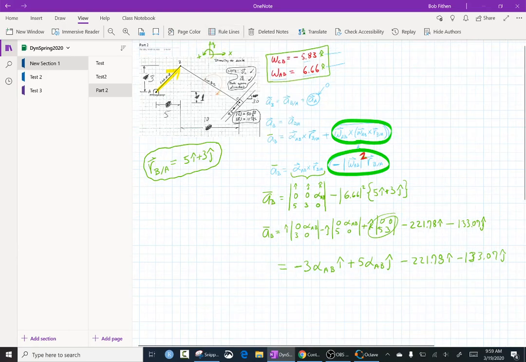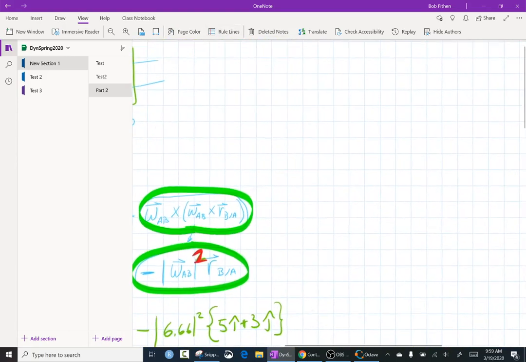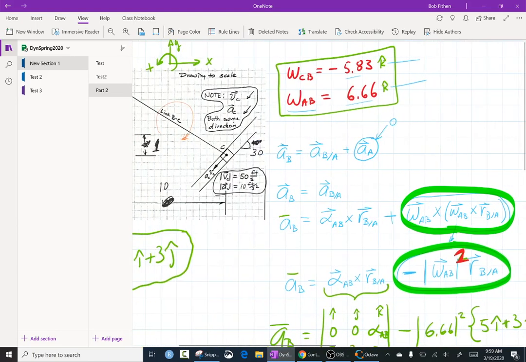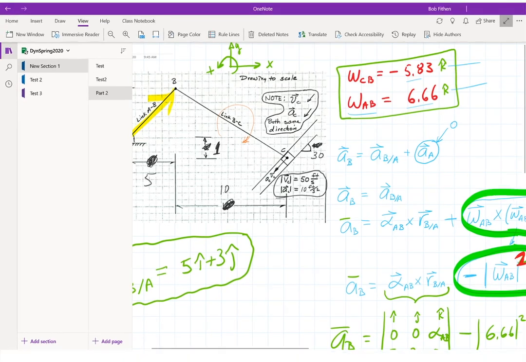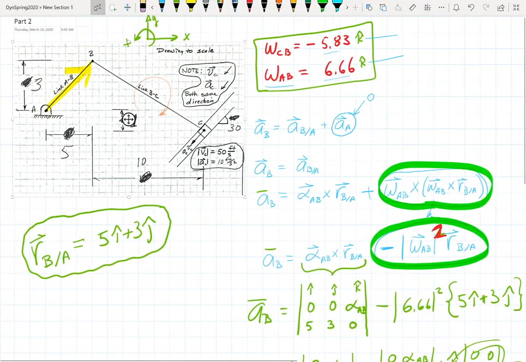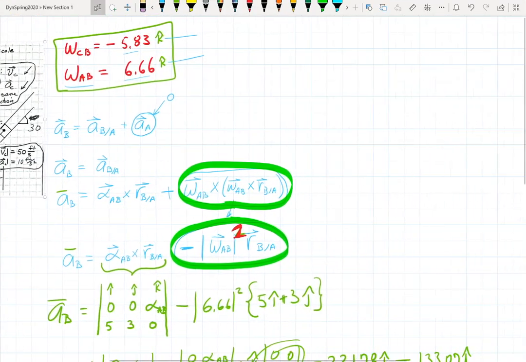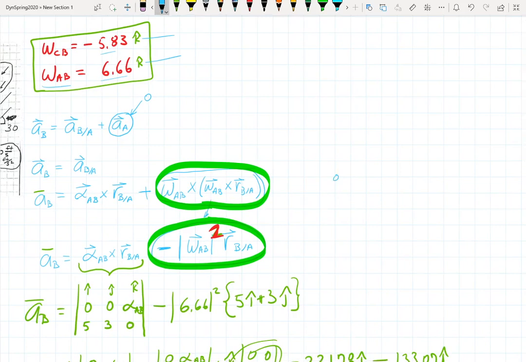Okay, so now I've got a background grid. So I go over 5 and up 3. I start right here, go over 1, 2, 3, 4, 5, and up 3. So this is the scale, 5 and 3.